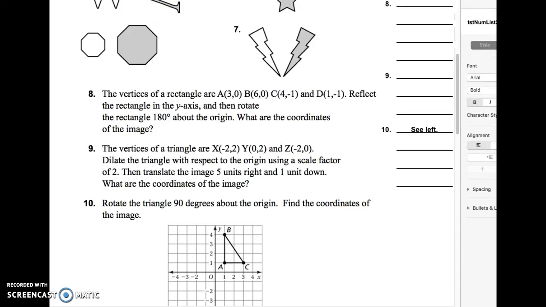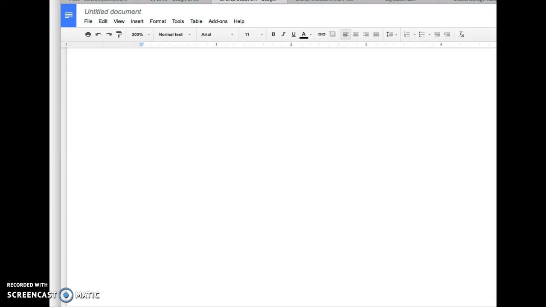Okay, so what I'm doing is I'm just going to come over to a Google Doc here. Okay, and I'm going to go ahead and sketch my coordinate plane. Okay, if you're doing this on notebook paper, then these lines should be perfectly straight.